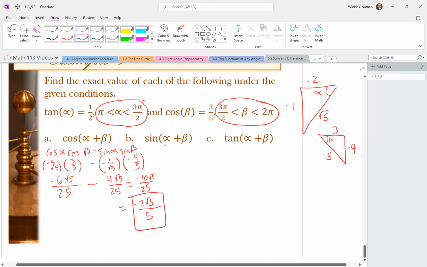Next, we're going to do sine of alpha plus beta. So that is sine alpha cosine beta plus cosine alpha sine beta.